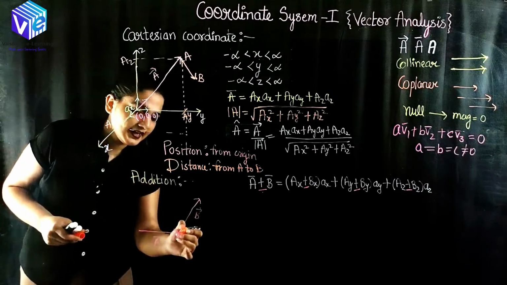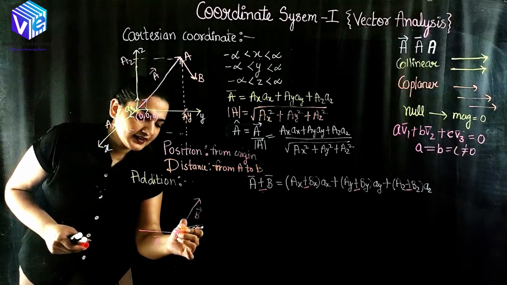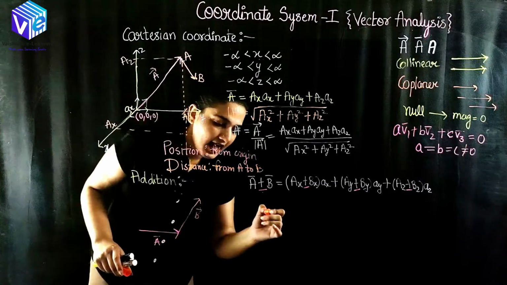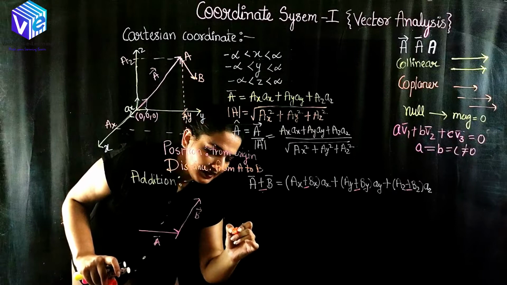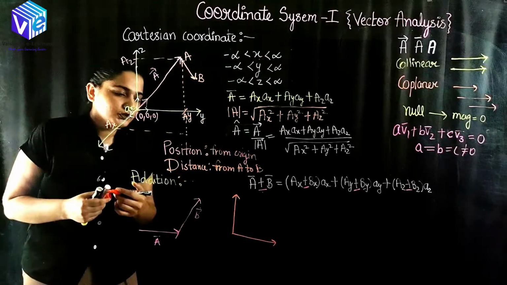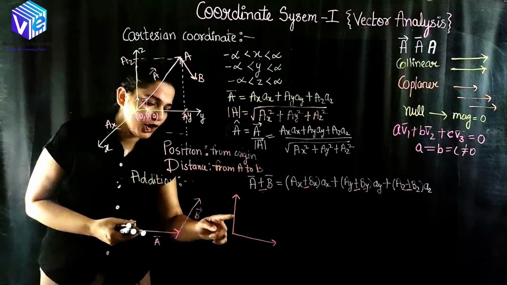First, the tail of the second vector originates from the head of the first vector. In the other case, both tails are at the same point.